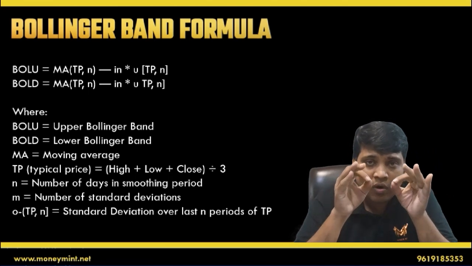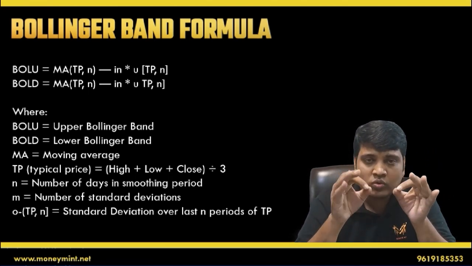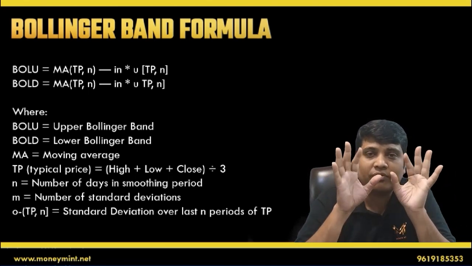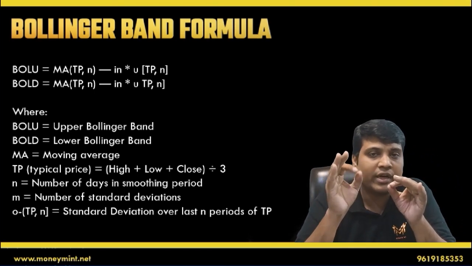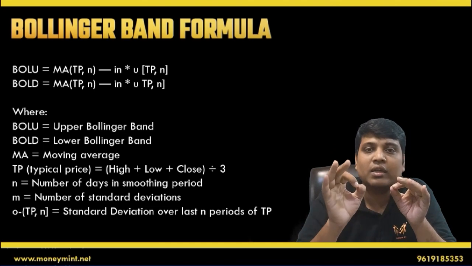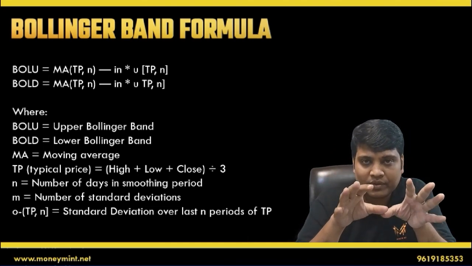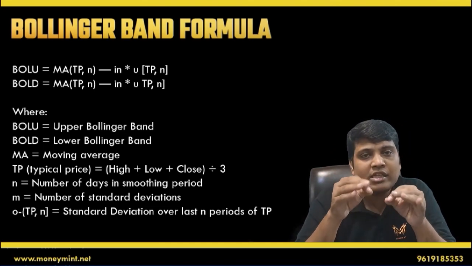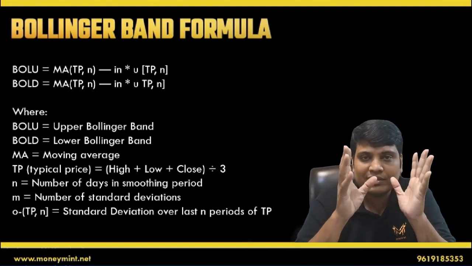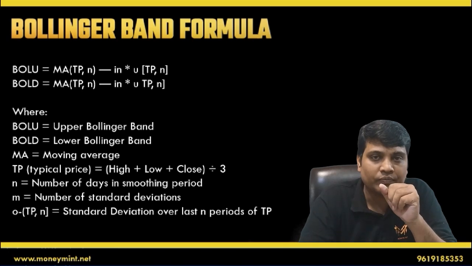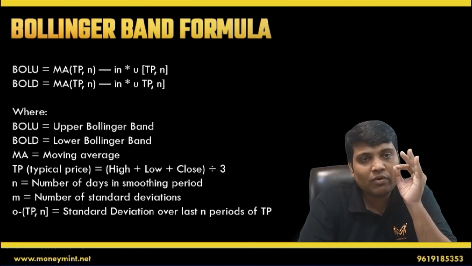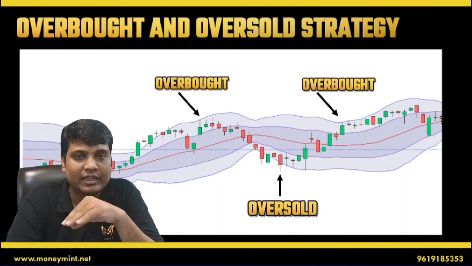If you want to use it in the software, everything is available freely. Just go to the indicator and input 20 and 2 as your parameters. We use one more parameter, 20 and 1, in one of our strategies. That will be explained in the later part of the video. So this was regarding the formula shown on your screen.